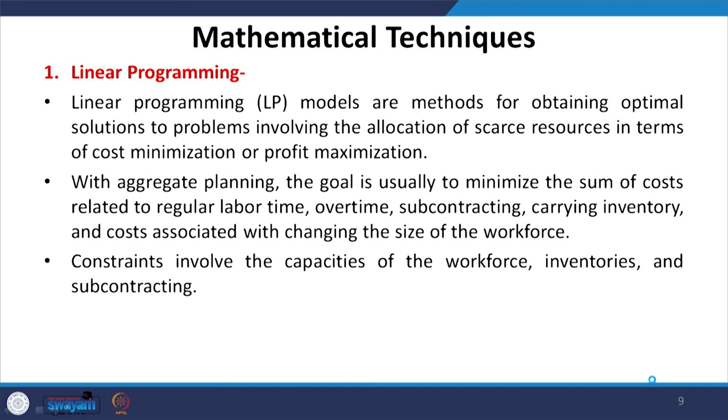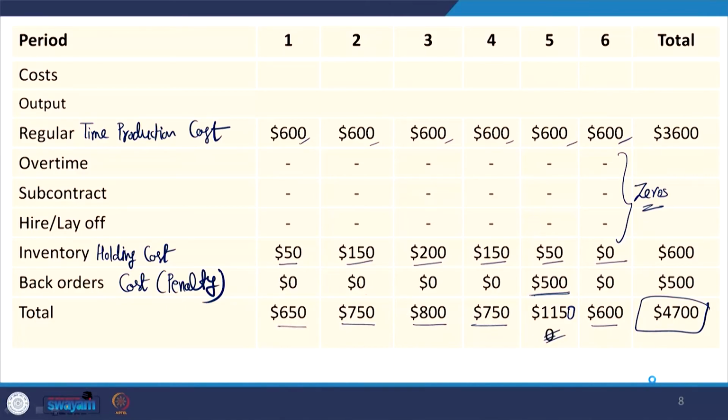Now, moving ahead, you can also do the advanced calculations, because in this case I, on my own intuition, considered that there is no overtime, no subcontracting, no hiring and laying off. But I can also think that instead of 600 units, I will produce in regular time only 100 units, and the remaining units I may produce either by subcontracting or by overtime.